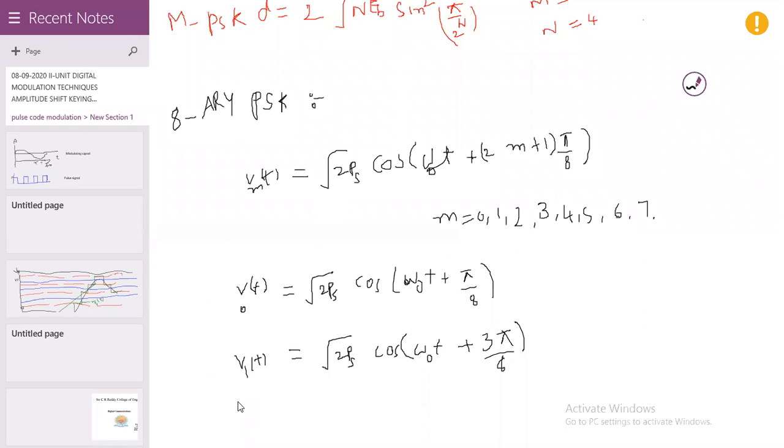This is V1 of t. Again V2 of t, root of 2Ps cos of omega naught t plus 5 pi by 8. Here you can substitute m is equal to 2, so 2 into 2 is 4, plus 1 is 5, 5 pi by 8, like that.